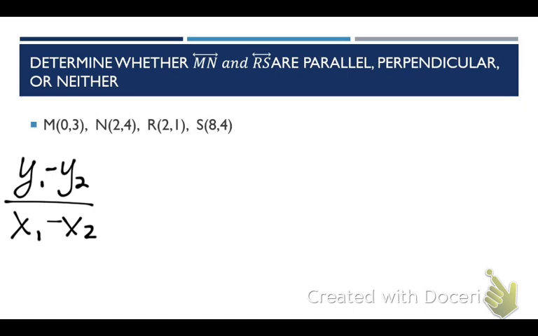Well, what points would we use to find the slope of MN? M and N. Okay. And then the same thing, to find the slope of RS, we would use R and S. Okay, so we're going to find them one at a time. Let's start with MN.